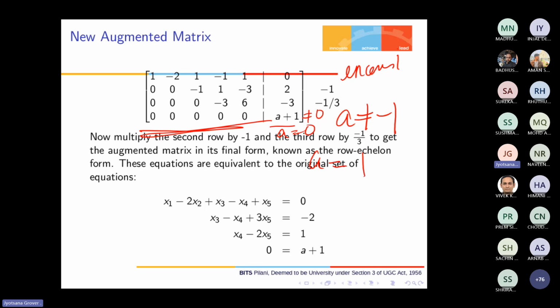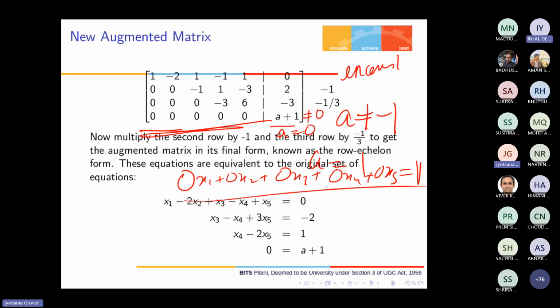So 0x1 plus 0x2 plus 0x3 plus 0x4 plus 0x5 is equal to some non-zero value. So this is inconsistent. For any value of A not equal to -1, you will get an inconsistent solution.